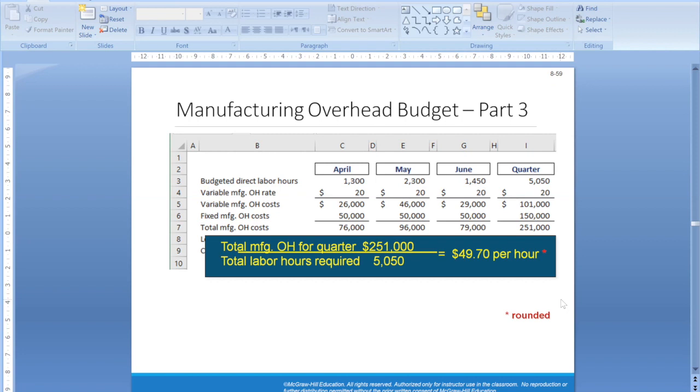So the total manufacturing overhead cost was 251,000 divided by 5,050 labor hours, which means each hour will cost the company $49.70 per 1 labor hour. This number is rounded, and this is called the manufacturing overhead rate or allocation rate.